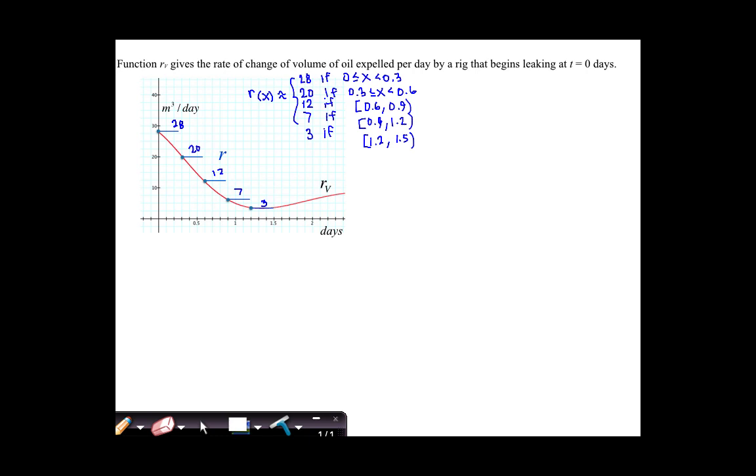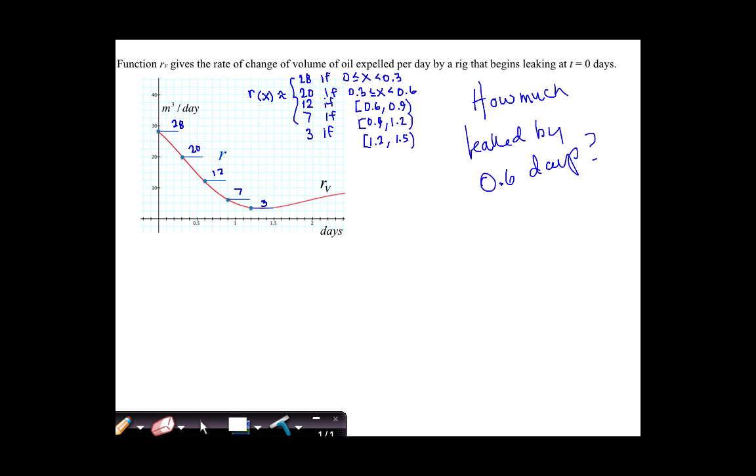I've got different M's. So just thinking about how this is useful at all, if I wanted to know how much had leaked by time 0.6 days, meaning between time 0 and time 0.6, because we started at 0.